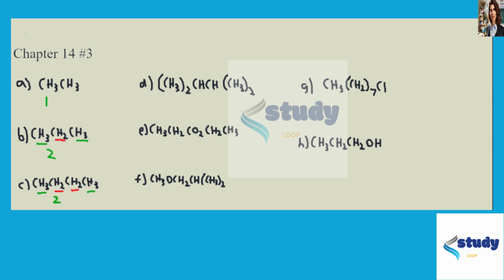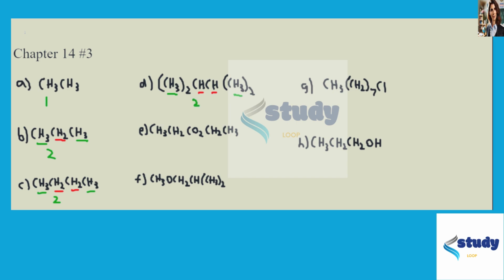We have 6 of these methyl group protons on each side, so they're going to give a single signal, all 12 of those protons. And then we have these 2 methine protons in there, so just CH, and they're also going to give a signal.